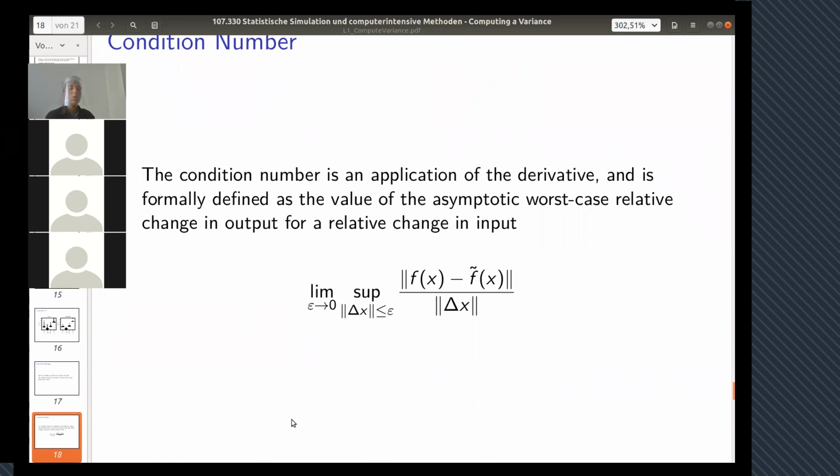Then there's the concept of condition number. I'm not absolutely sure if every single one of you has ever heard of this.